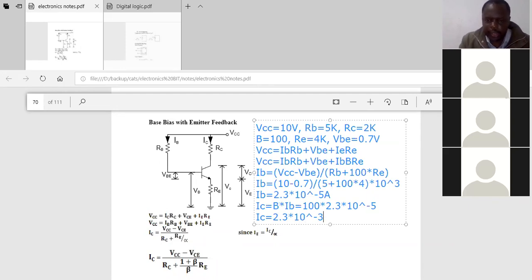Which, in terms of milliamperes, is actually 2.3 milliamperes, which is a very good value for IC. Usually that's what we indicate.